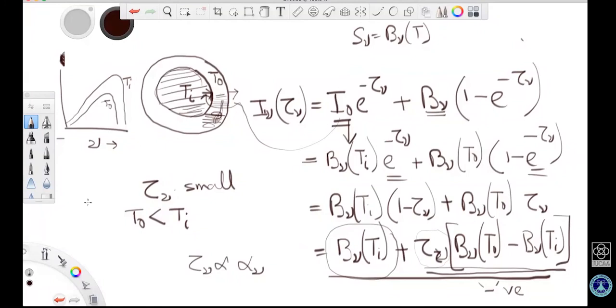And if T0 is larger, if for some reason the atmosphere is hotter than the inner temperature, then it will be positive, which means you'll see emission lines. And here you will see absorption lines.